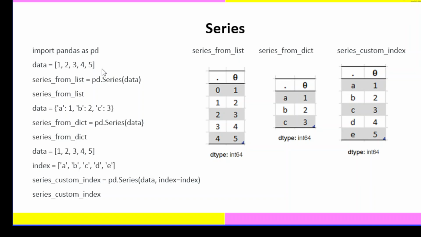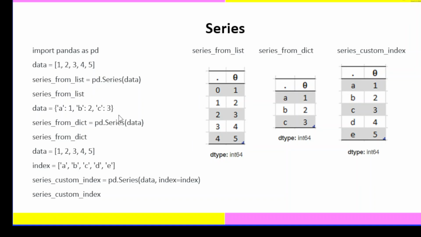A list will be enclosed within square brackets. Now I'm going to convert this list into a series. For that, you use the Series function and pass in this data. When you print it, this list will be converted into a series, as you could see here.